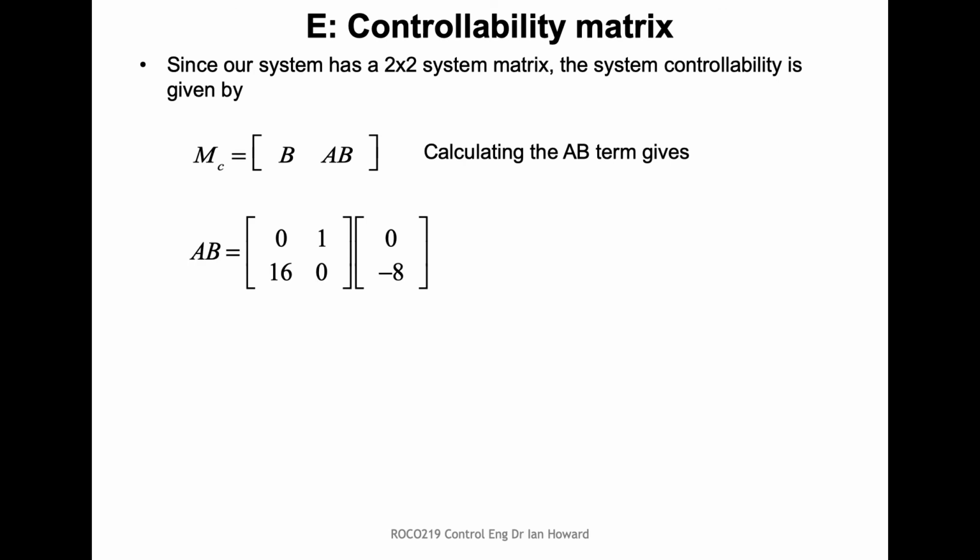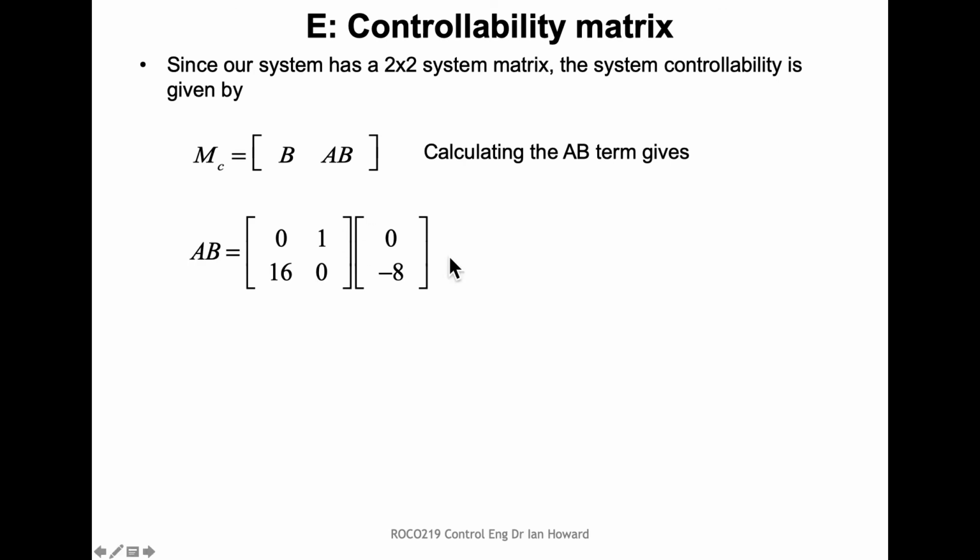Next thing to do is to look at our 2 by 2 matrix, J, which is effectively the A matrix, and see whether or not the system is controllable. It's a 2 by 2 system, so we're going to have 2 terms in our controllability matrix: B and AB. We know what B is already, but we don't know what AB is, so we've got to calculate it.